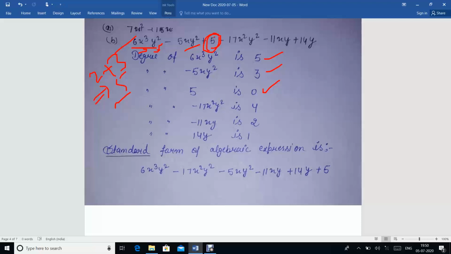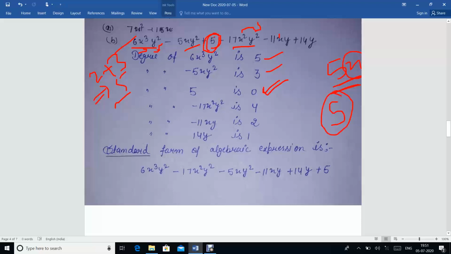Suppose you have 5x, then it is not a constant term because it contains the variable x. But if you are given only 5, then this is a constant term, and a constant term always has 0 degree.